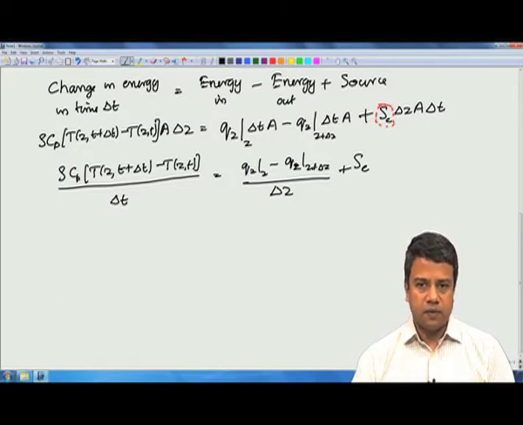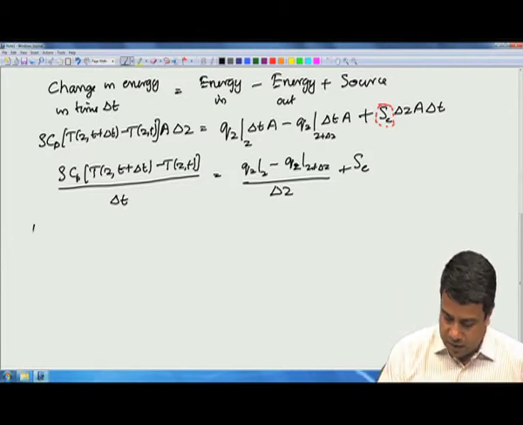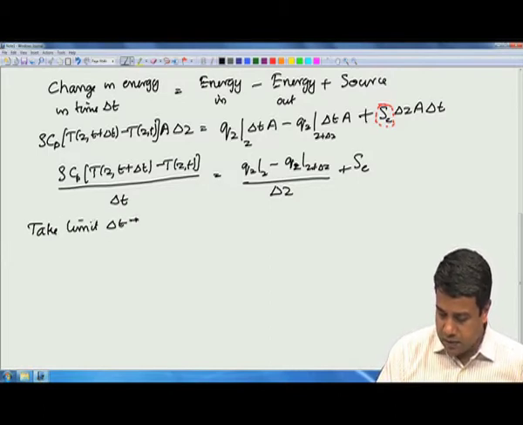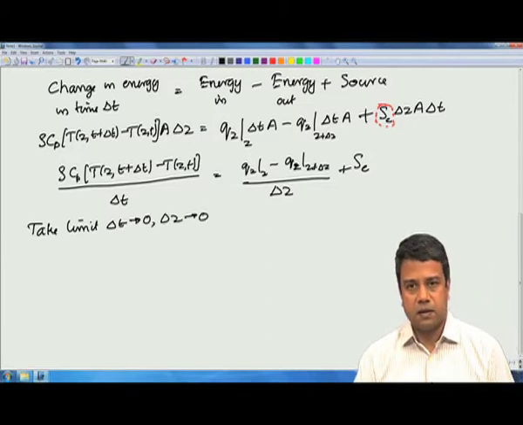Now, we go to a differential volume and a differential time interval. Okay. Take the limit delta t going to 0 and delta z going to 0. Okay.